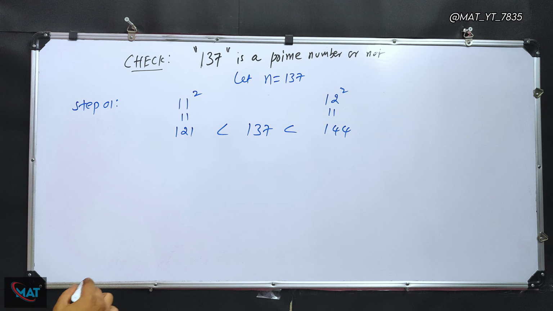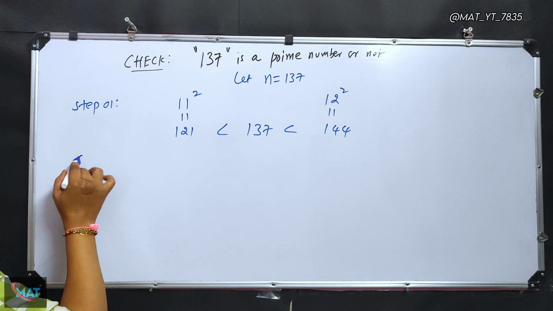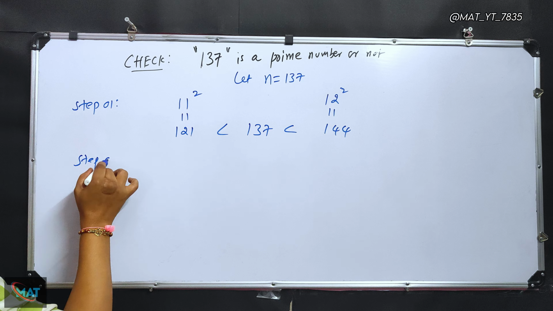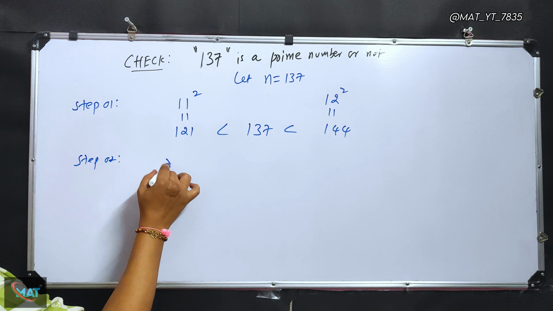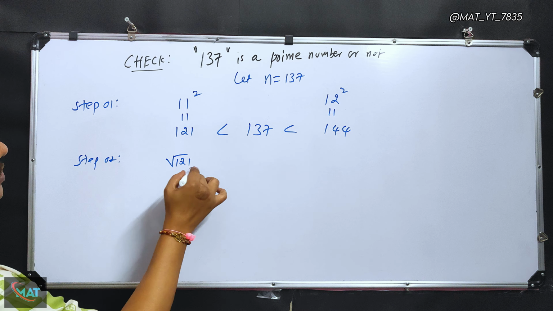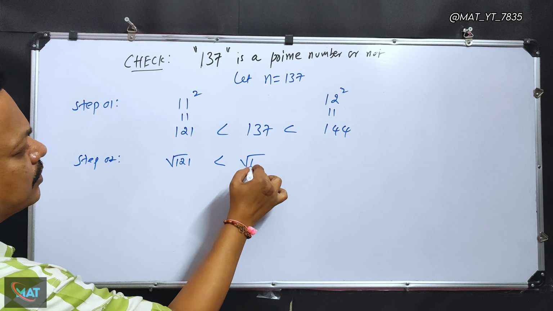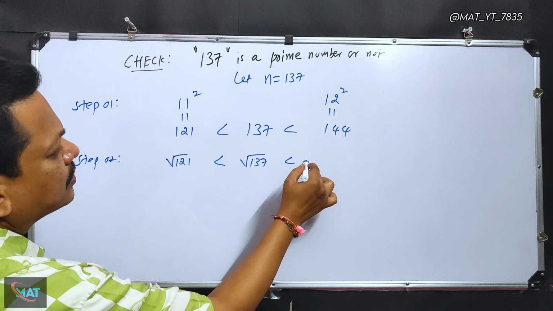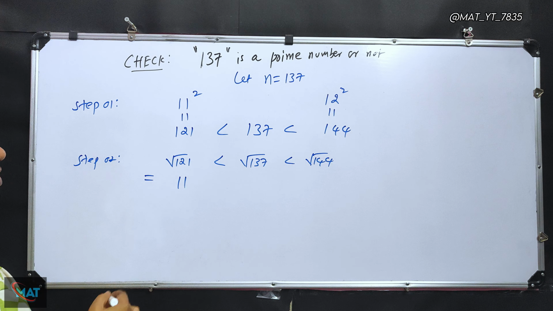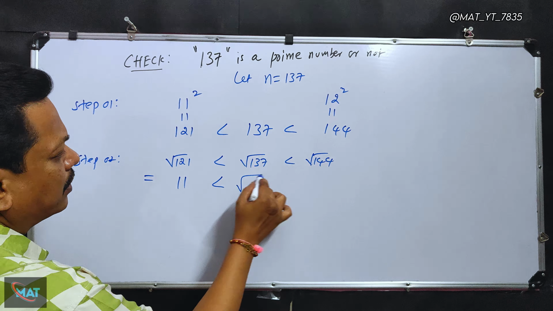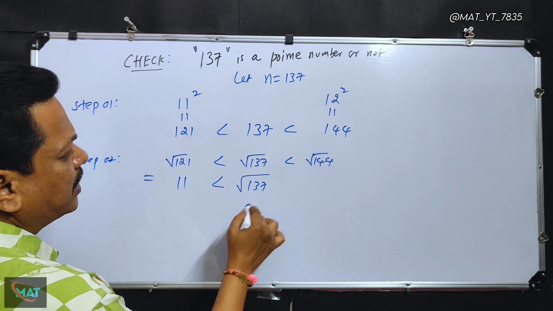That is step 1. Step 2 says we have to take the square root of these numbers. I am writing them as they are. It is very simple. 11 is the square root of 121. You can leave the other one as it is.